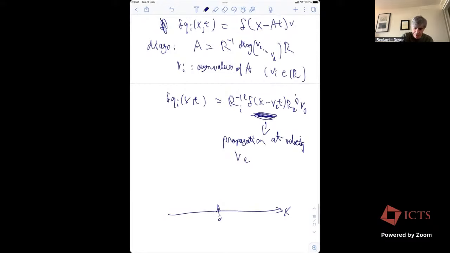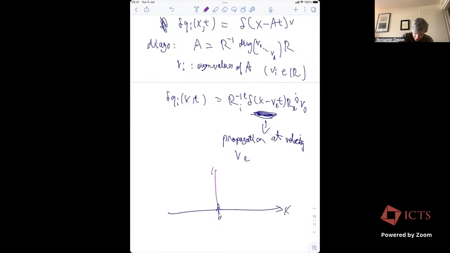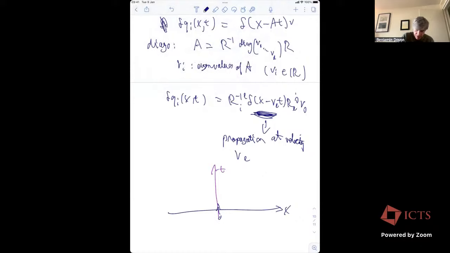As time evolves, I get propagation moving at velocities v1, v2, v3, v4.